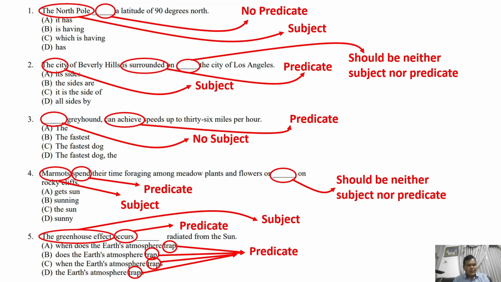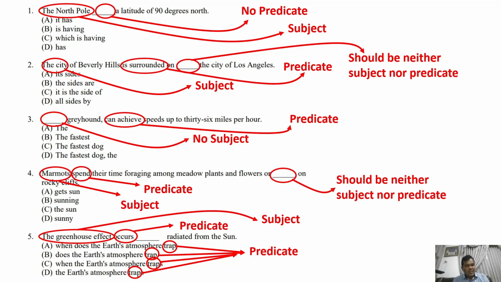Now, you can see that we don't need more than 10 seconds in order to answer every question in English structure in TOEFL, as long as you know exactly that the sentence must have one subject, one predicate.